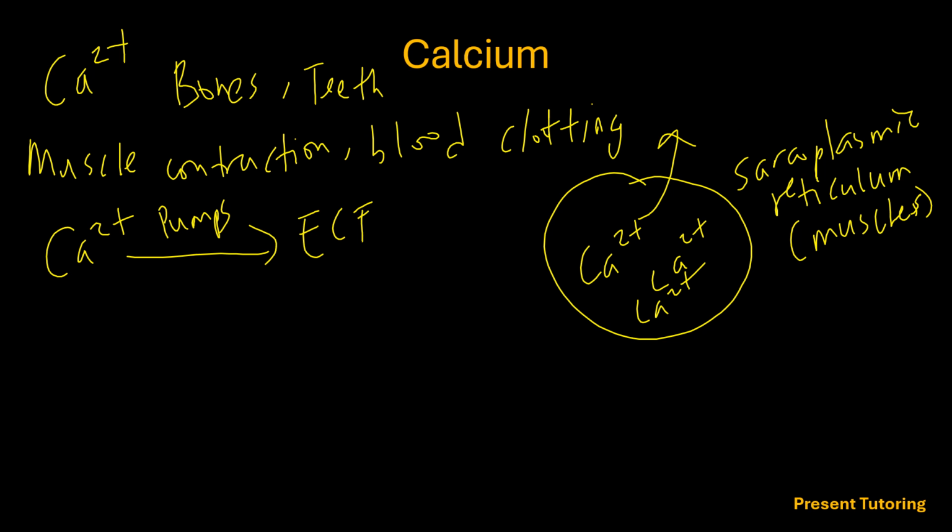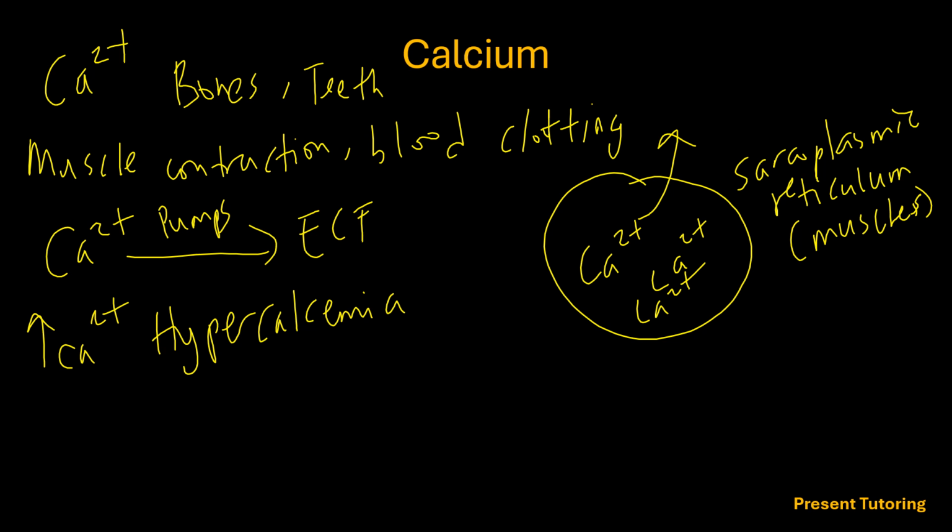When you have excess calcium, it's called hypercalcemia. Calcium definitely has a part to play when it comes to muscle contraction. So if you have too much calcium, it causes underexcitability.